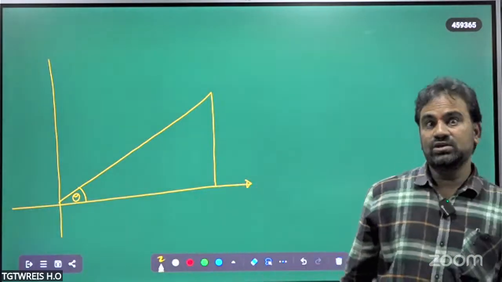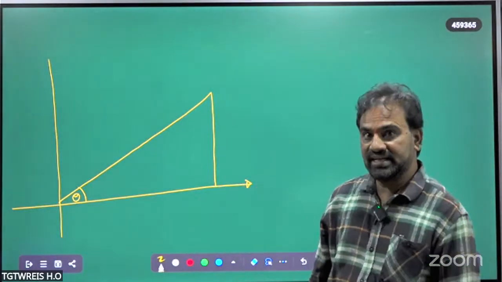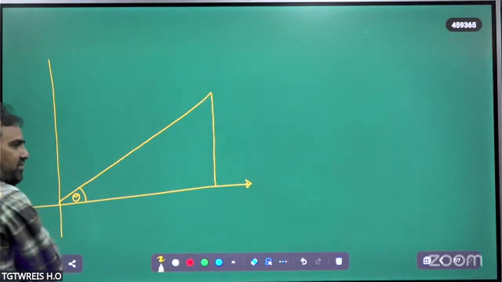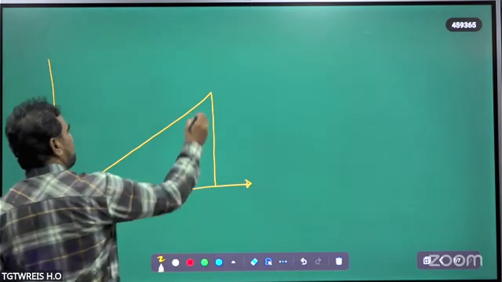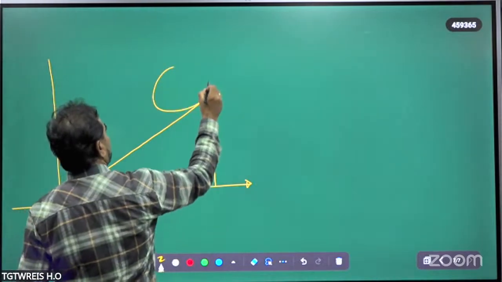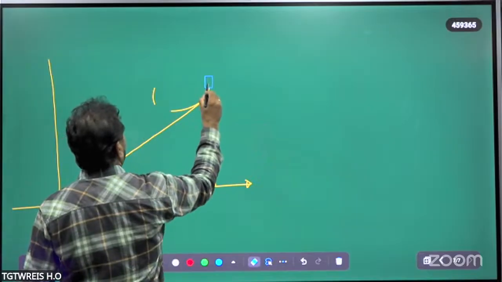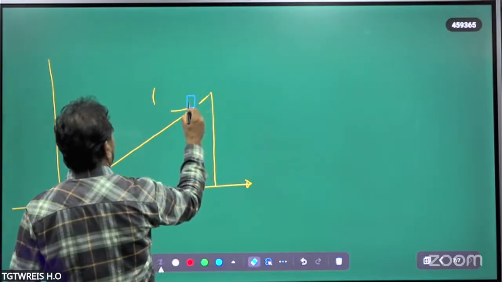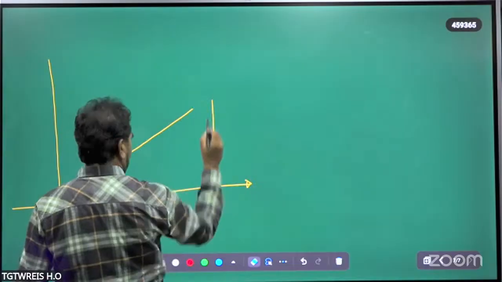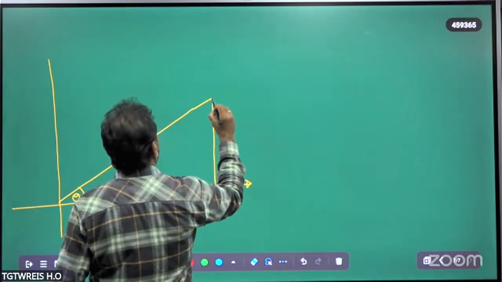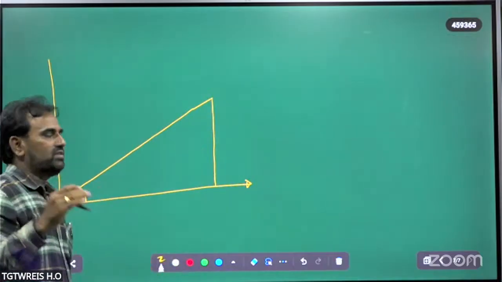A disc is rolling downward from the top of an inclined plane. This is a disc. The disc is rolling like this, down the inclined plane without slipping.